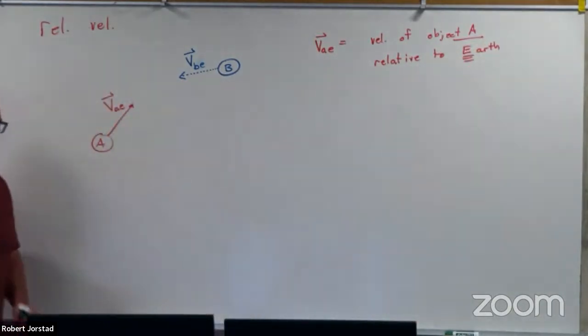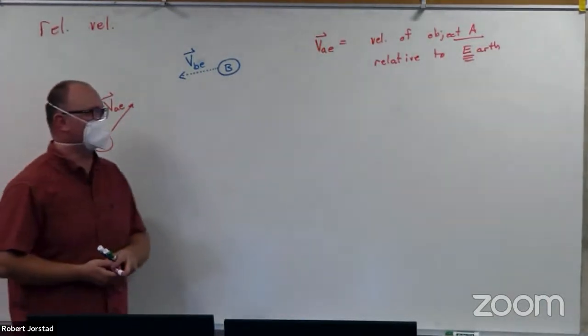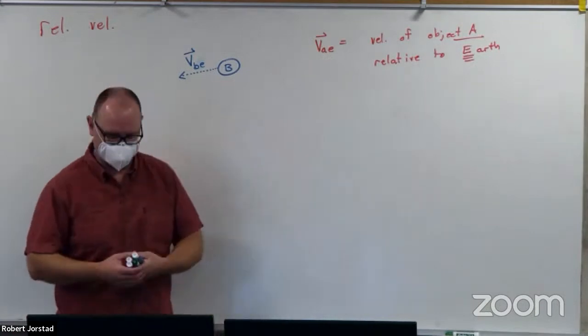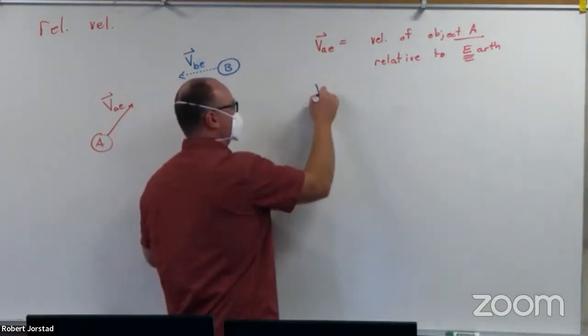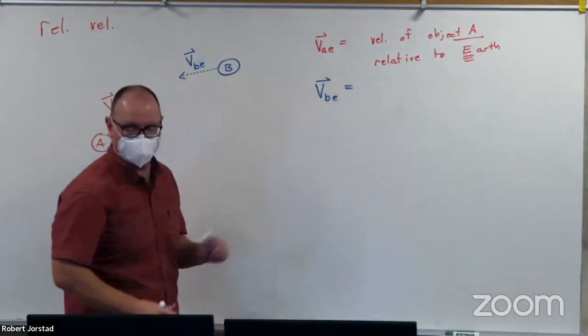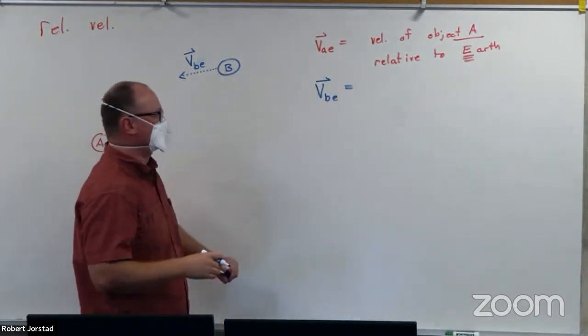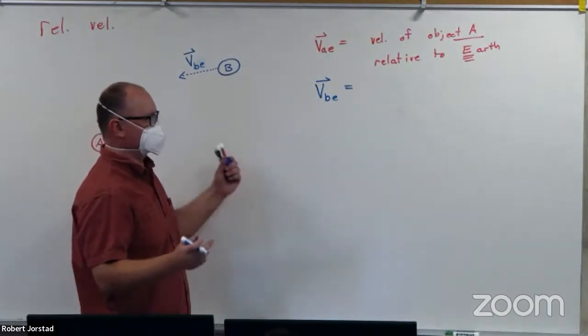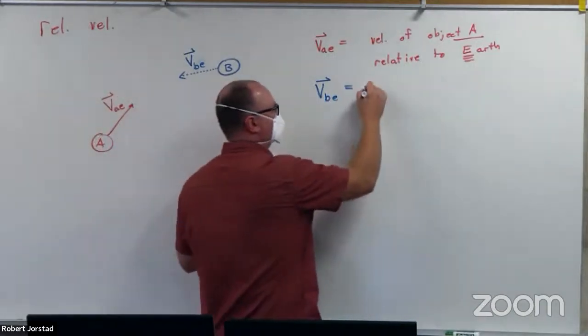We're going to talk about the velocity of object A relative to the Earth. So that's what the A and the E mean. And I don't care about the capitalization here. I'm not picky. Normally I would be, but in general, we should probably be consistent. I guess I wasn't. I apologize.